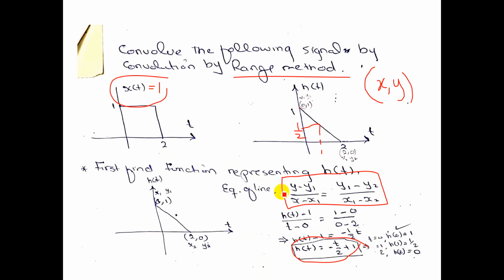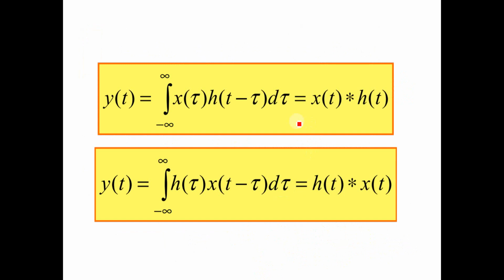Okay, so let's move forward. This is the convolution formula, the convolution integral. Again, as we discussed last time, it is commutative. I can find x of t convolve with h of t, or I can do h of t convolve with x of t, and I am going to get the same answer for both.